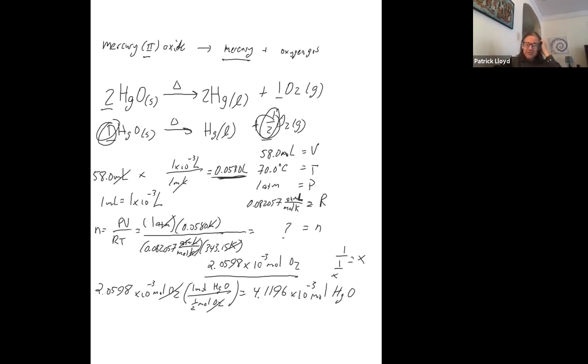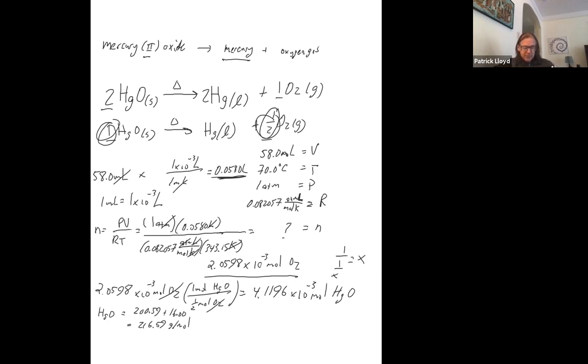So it's not that far off from lead. Okay. So HgO: 200.59, oxygen is 16. So that's what? 216.59, right? It's easy. That's grams per mole.